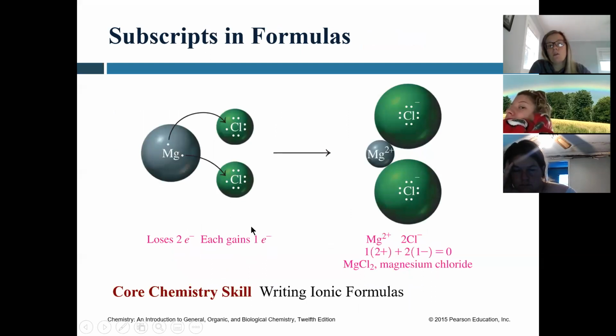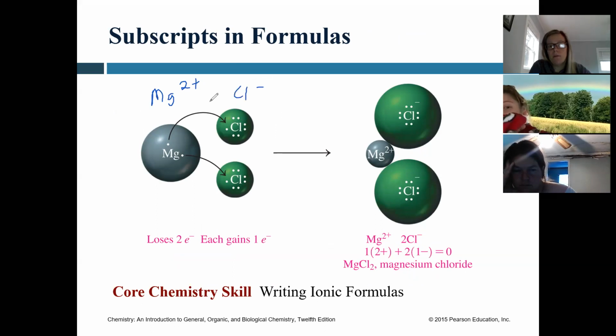Magnesium likes to form a 2+ charge, right? We said magnesium Mg2+. Chlorine only forms a -1 charge. So I can't take 1 magnesium and smush it with 1 chlorine because there'd be an extra positive charge, or this magnesium wants to give 2 electrons away.